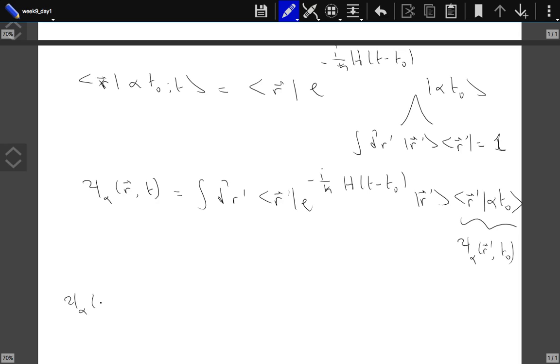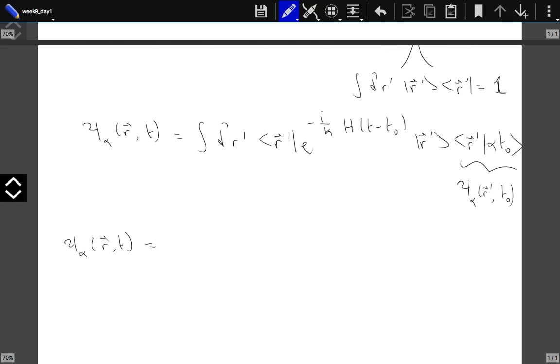So this psi alpha of r and t, our wave function at an arbitrary time, we can write it as an integral.